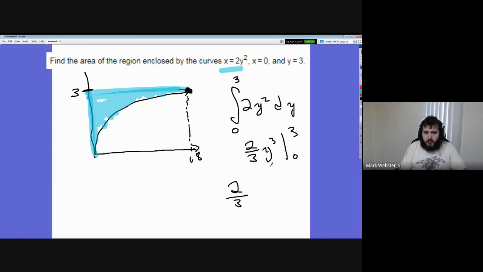Two thirds times 3 cubed is 27. 2 times 27 divided by 3 is 18. Once again, I'm not going to do it the other way, but you could if you wanted to. If you wanted to solve for y and then integrate this over x instead, you do it. It works. You'll get the same answer regardless of which way you go.